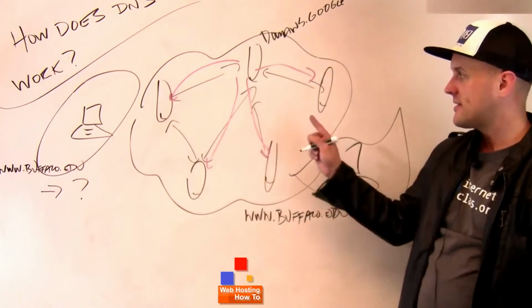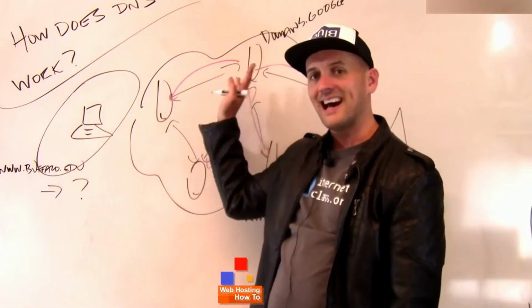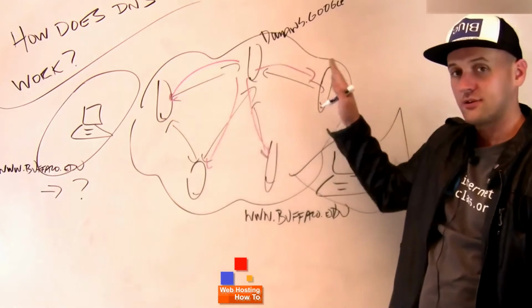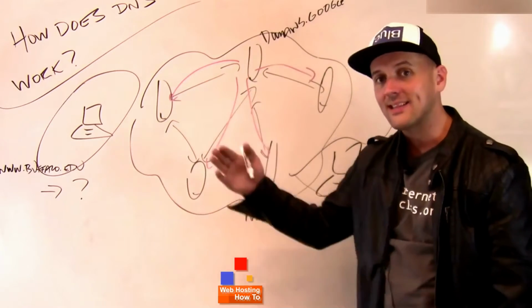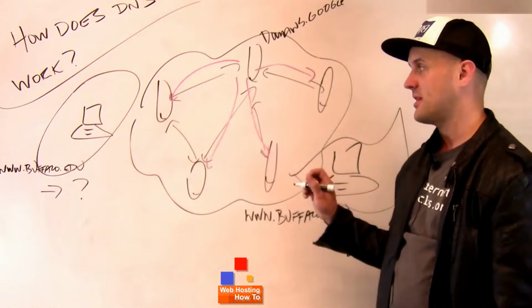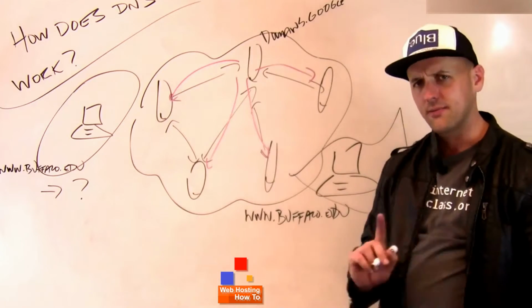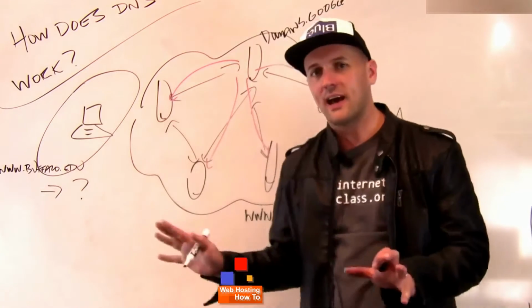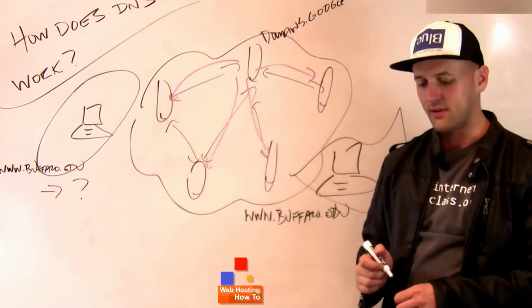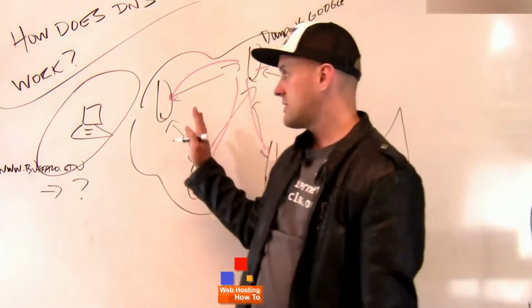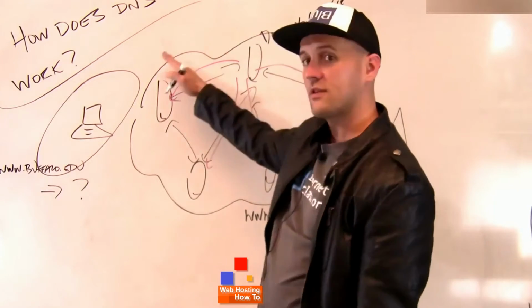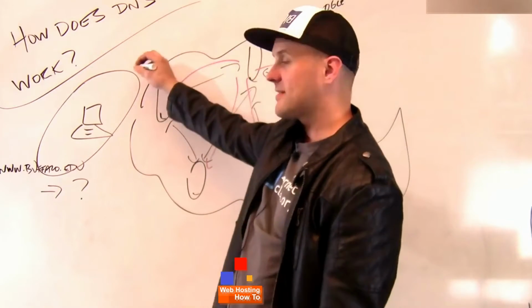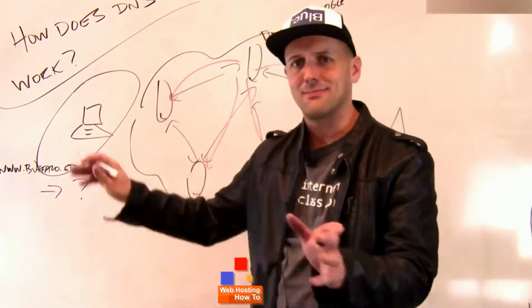So how do we address this? One of the ways that the domain name service addresses this is it allows people that register domain names to translate them differently depending on where the request is coming from. So what Buffalo might do, and I don't think we do this, is it might say, I'm going to sign up with what's called a content delivery network, or a CDN, and they're going to host the sources from my website on some web server that might be in Japan, or somewhere in Asia.